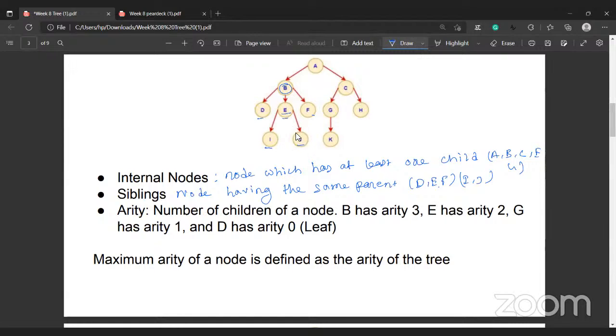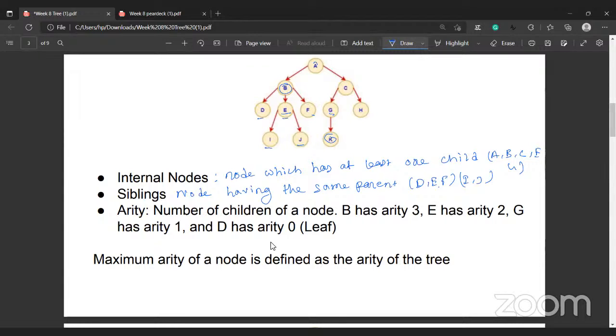I and J. You can see that G has arity 1. G has only one child, right? So G has arity 1. A has arity 2, so A has 2 children, B and C.